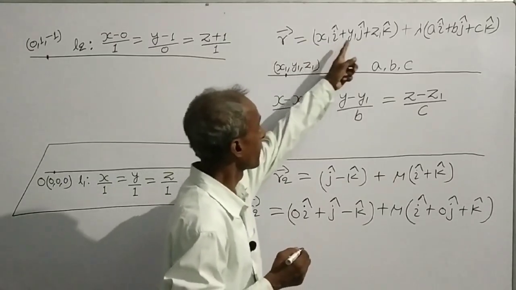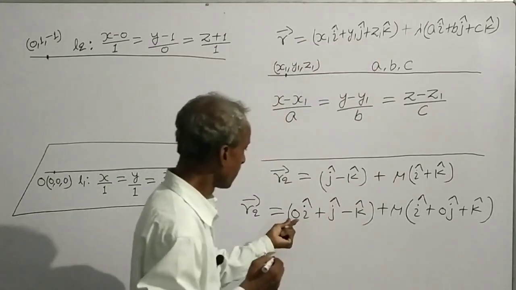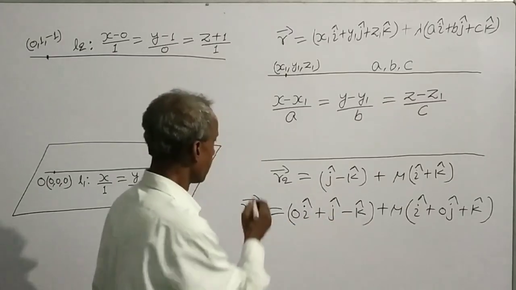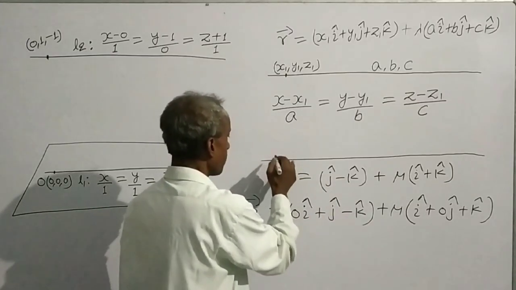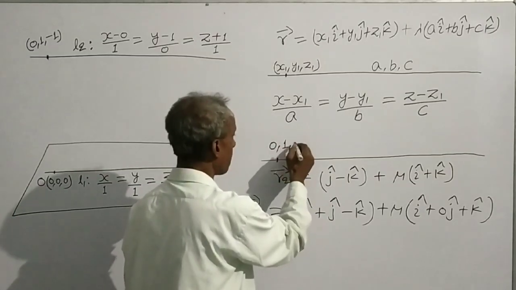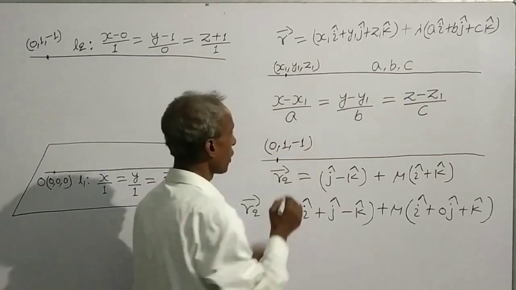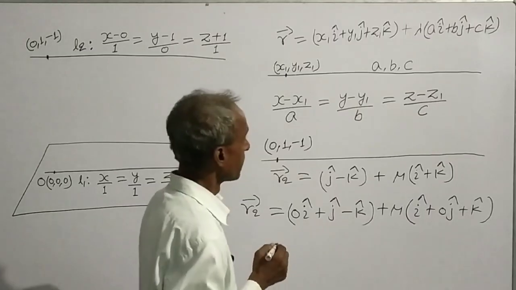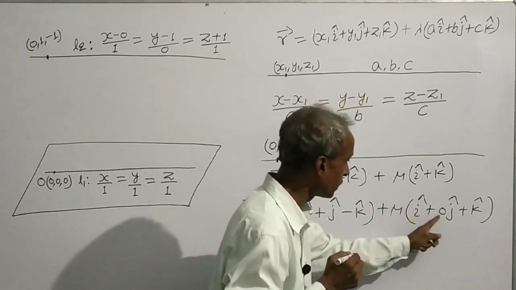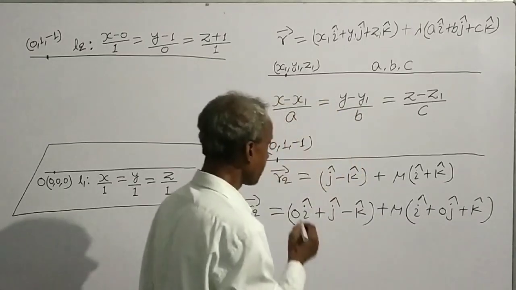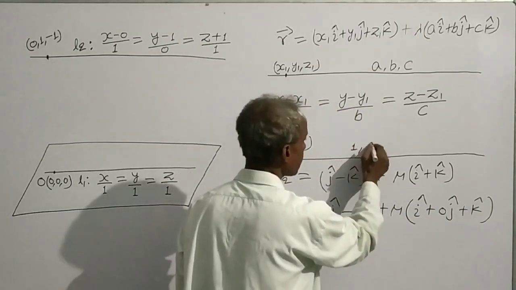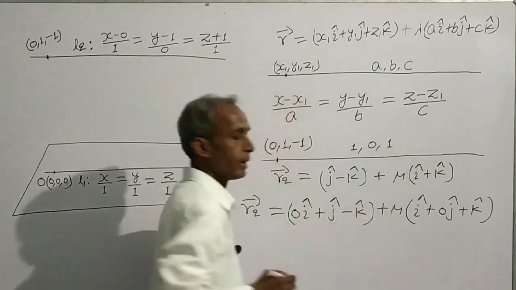Here in place of x1, y1, z1, there is 0, 1, minus 1. That means a point whose coordinate is 0, 1, minus 1 lies on this straight line. In place of A, B, C, here is 1, 0, 1. That means direction ratio of this line is 1, 0, 1.